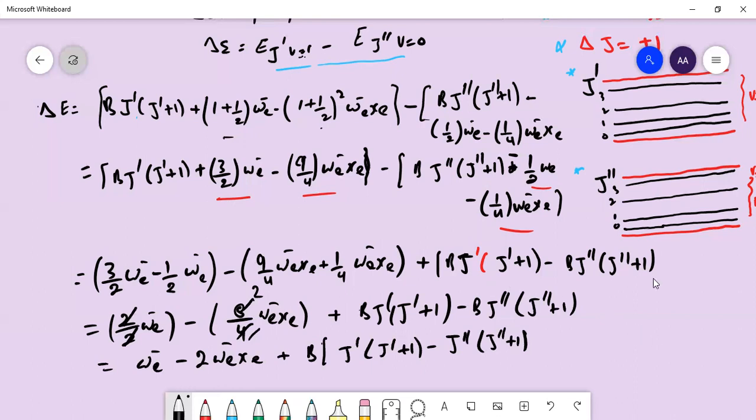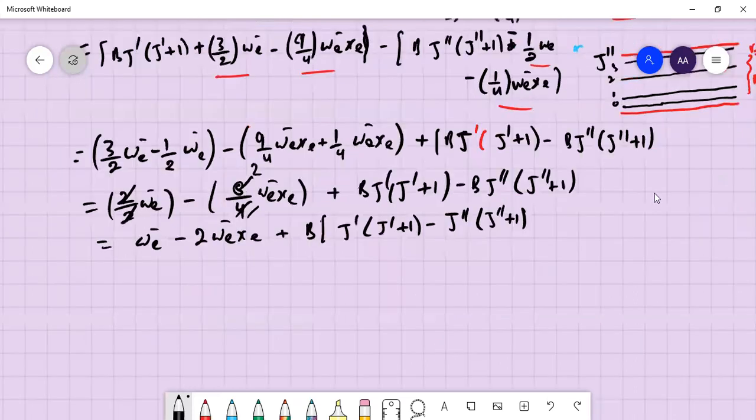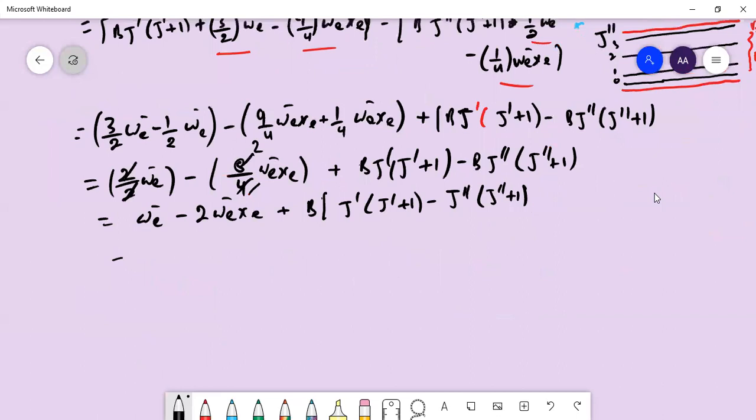Further solving this equation, what I will get here is omega e bar minus 2 omega e bar xe plus b, and I am multiplying these two. What I will get here is J' into J', it will be J' square plus J' minus J'' square plus, that is plus minus minus, and it will be J''. So this is the equation.